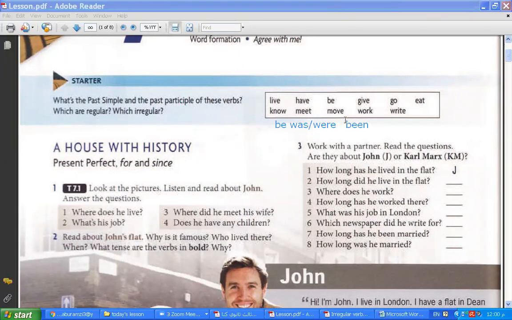Okay, so Aya and Rawan, can you give me something about move? What is the past and past participle of move? Aya and Rawan. Rawan al-Shahabi, give me about work. Yes, so Aya and Rawan, move.